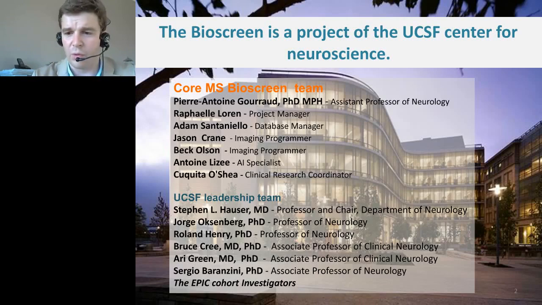A core team of people that really have been working with us on the more technical part of the project, with a lot of skills in terms of data organization, data analysis, and clinical data, but also the contribution of a dozen of key faculty from the UCSF MS Center and investigators of the MS EPIC cohort.